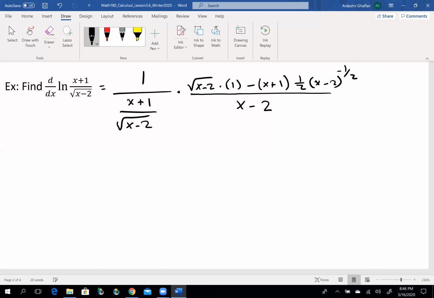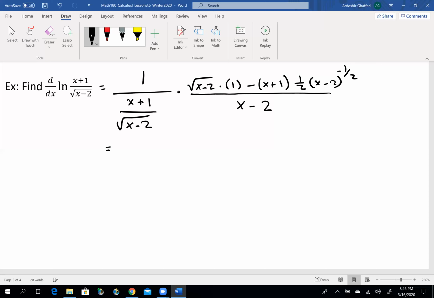So now, if I look at this, so 1 divided by x plus 1 over square root of x minus 2. So actually we flip this denominator.